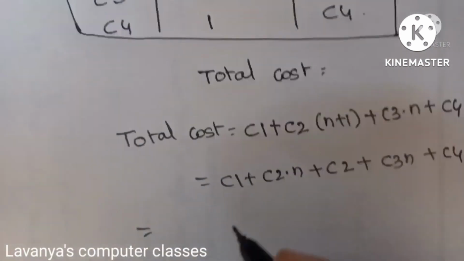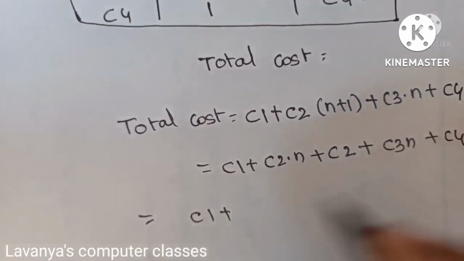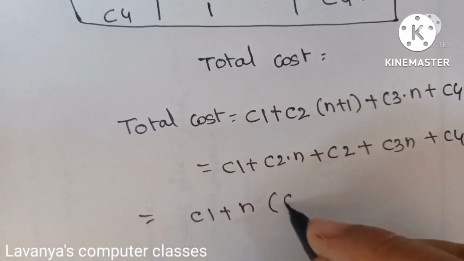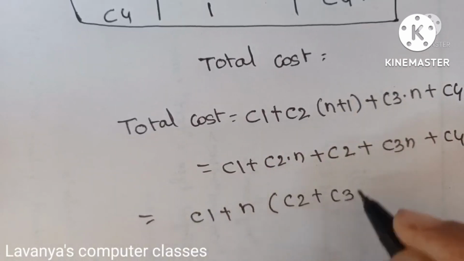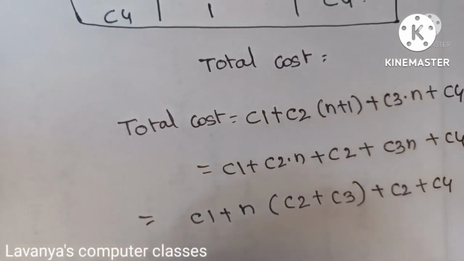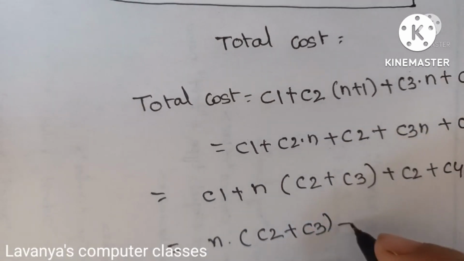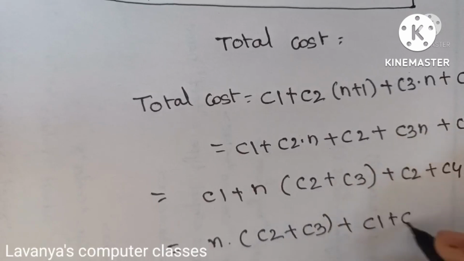In these terms n is common, so I take n common. C1 plus n into C2 plus C3, plus C2 plus C4. All constants are kept in one place. So that is n into C2 plus C3, plus C1 plus C2 plus C4.